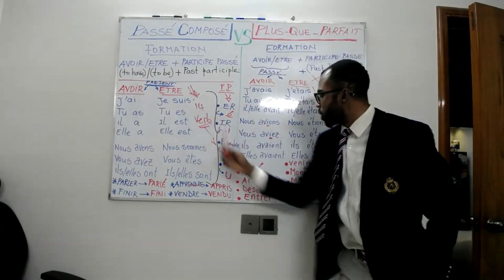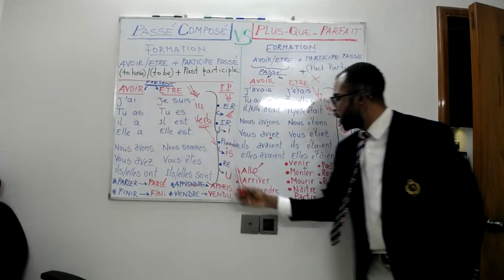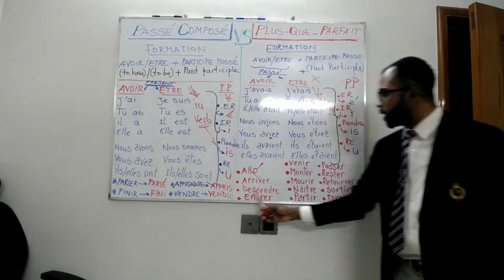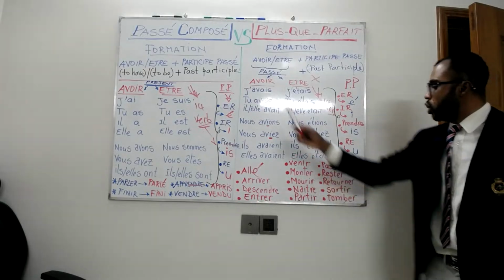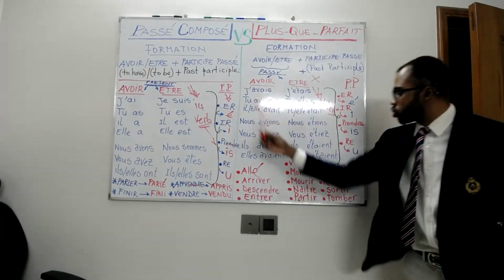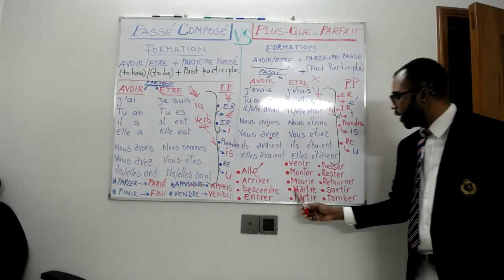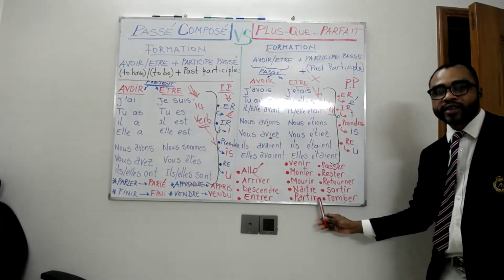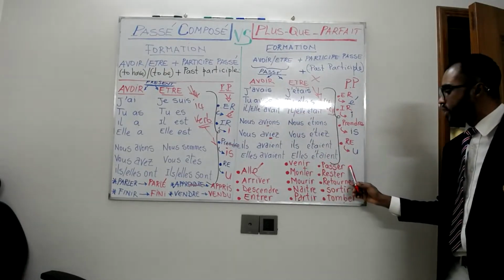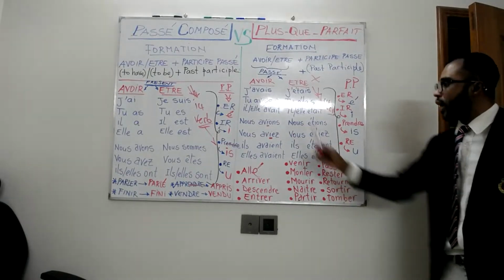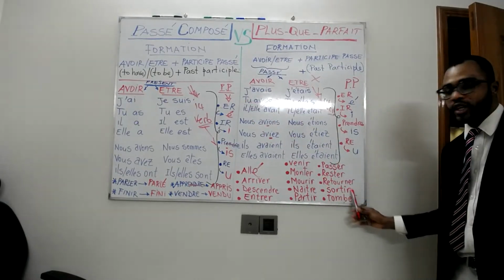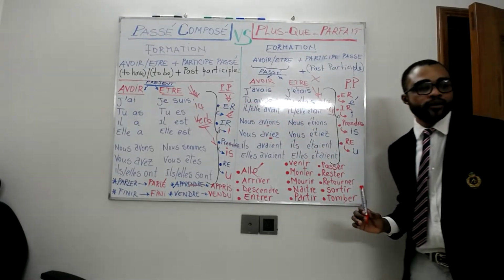So we say je suis allé, je suis arrivé, je suis descendu, je suis entré, je suis venu, je suis monté, je suis mort, je suis né, je suis parti, je suis passé, je suis resté, je suis retourné, je suis sorti et je suis tombé.